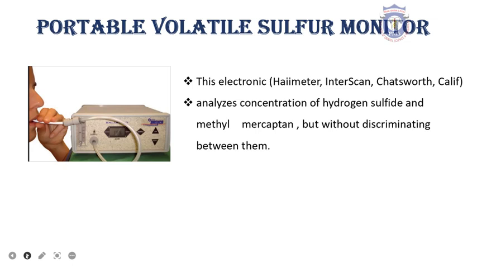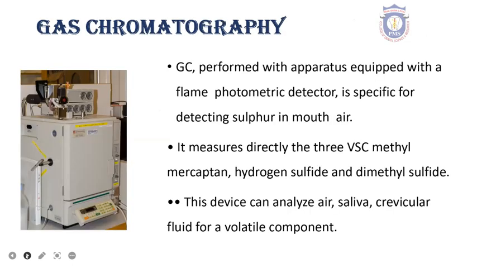It's an electronic instrument that analyzes the concentration of hydrogen sulfide and methyl mercaptan, but without discriminating between them. We don't know if it is methyl mercaptan or hydrogen sulfide, but the presence of volatile sulfur compounds can be detected. The other one is gas chromatography.